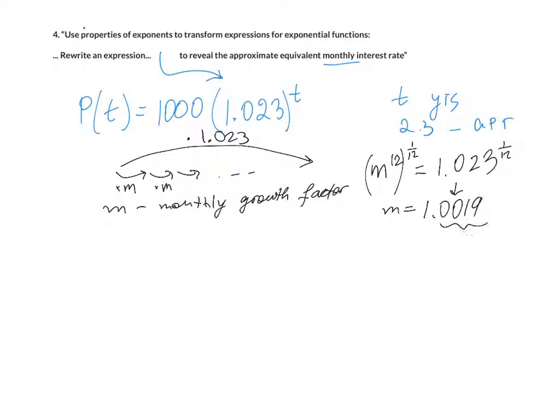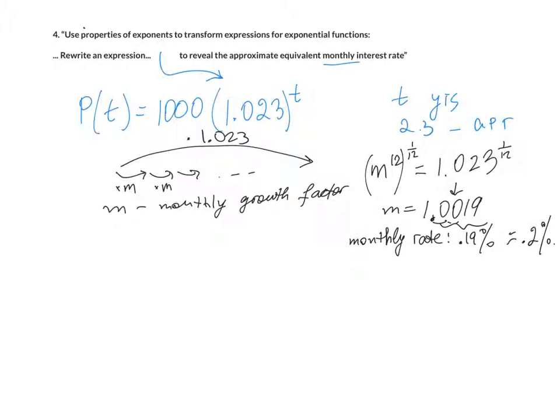So this is the monthly rate. I don't want to use the letter R because it may play different roles. So I'll just say monthly rate is, so we move the decimal point, 0.19%, or almost 0.2%.